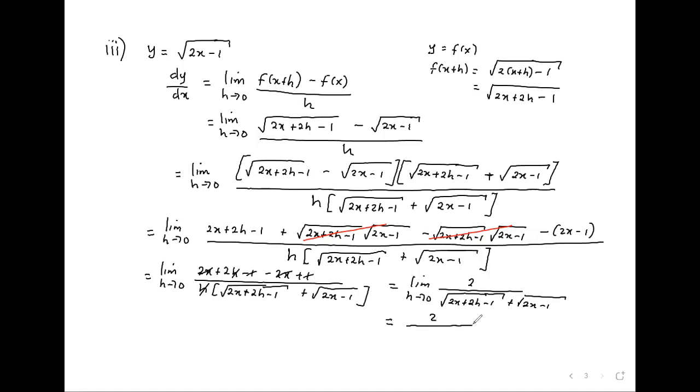So 2 over the root of 2x minus 1 plus the root of 2x minus 1. This is just 2 over 2 times the root of 2x minus 1, which is nothing but 1 over the root of 2x minus 1.